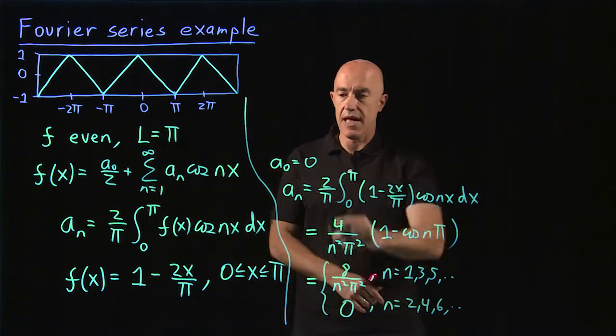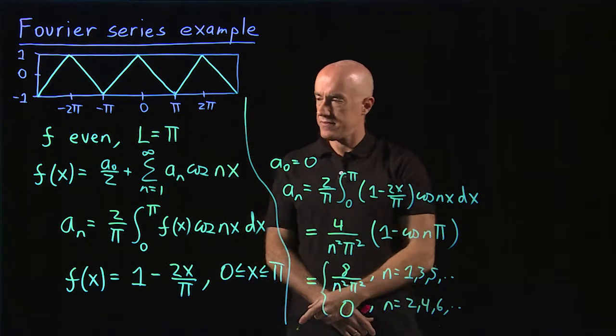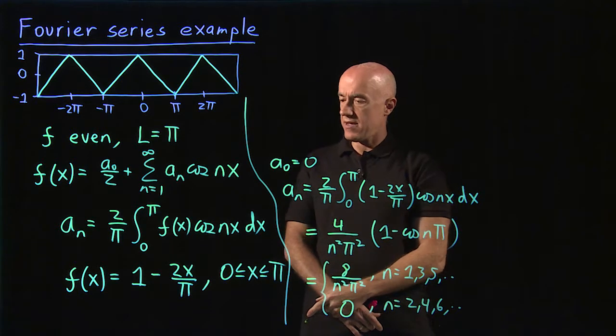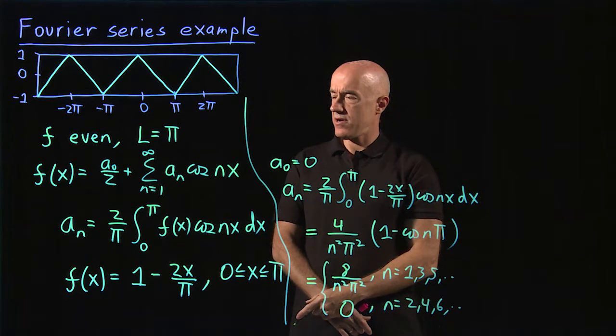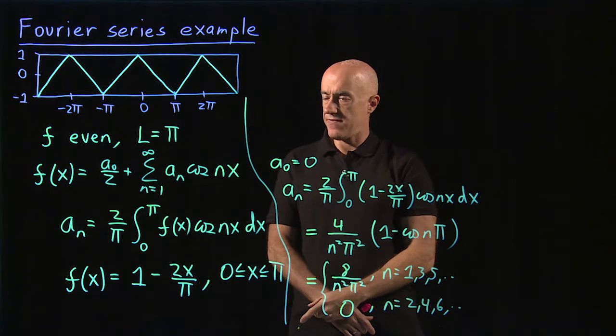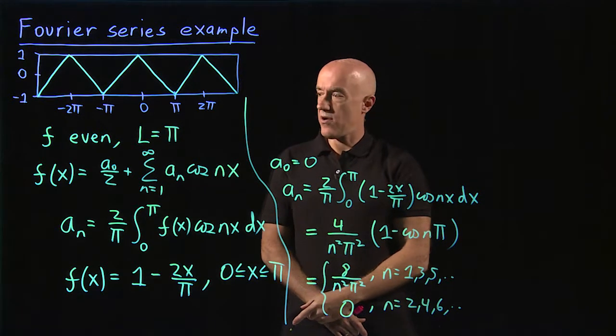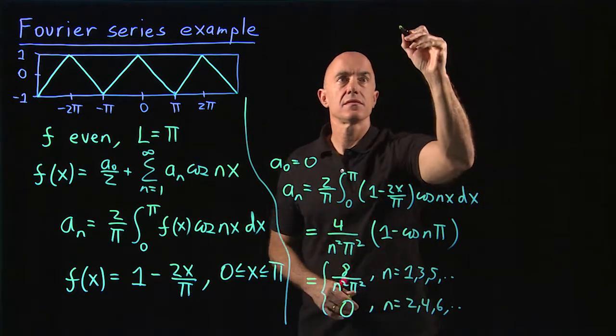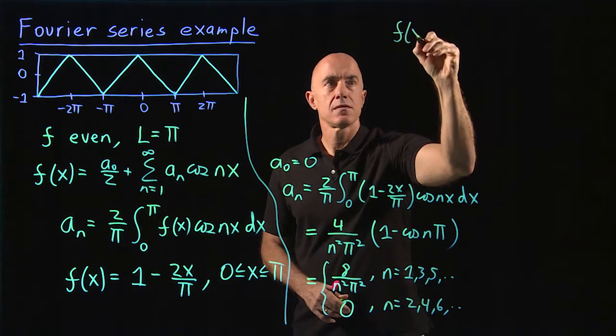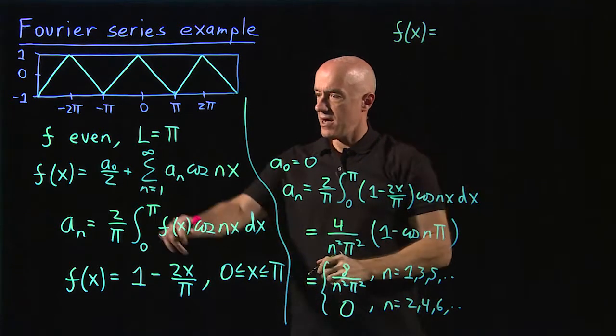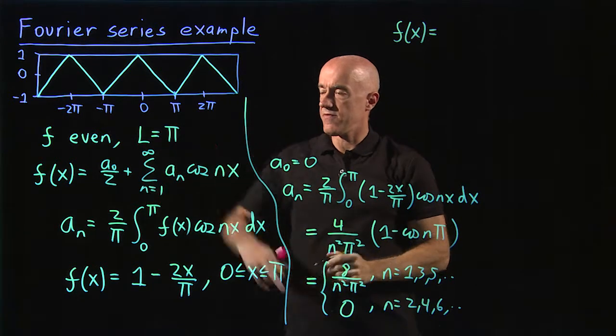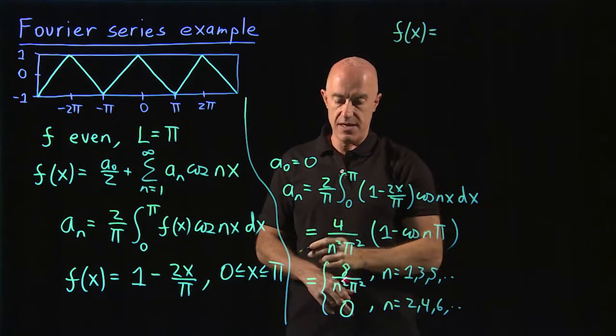Okay, and a naught is equal to 0. So we can put that together. Then what is our f of x? Our f of x then becomes the sum from n equals 1 to infinity.